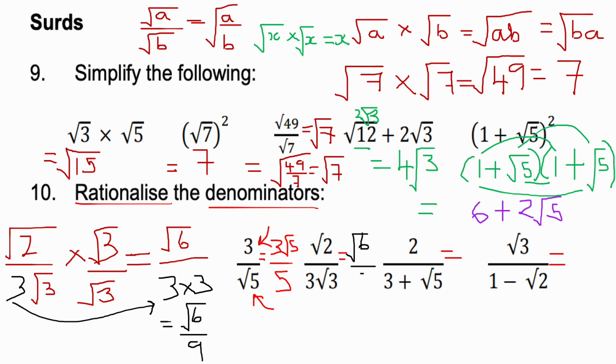Now some of you may be wondering, rightly so, can I simplify the fraction? Where possible, we do want to simplify fractions. However, I can't simplify this, because some of you may be thinking, well, I can just divide top and bottom by 3 and get root 2 over 3. That's not true, because I can't actually do that. This can't be simplified any further because of this square root symbol here.